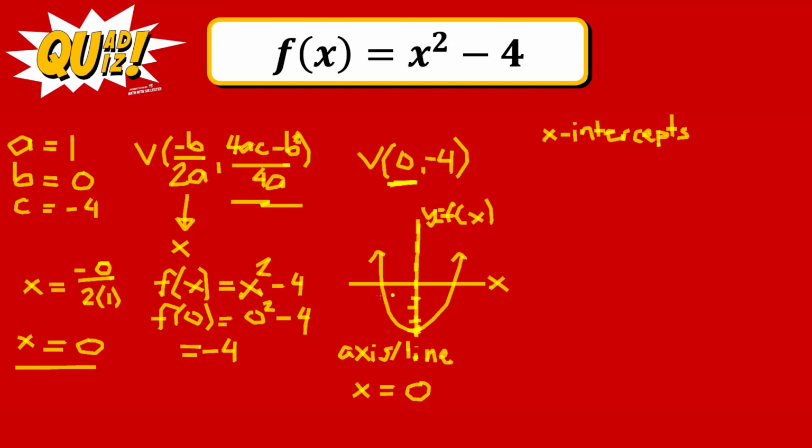Looking at our graph here, we have a specific point in this area and a specific point in this area. Automatically, we could say that there are two of them because there are 2 points in our graph that pass through the x-axis. Of course, again, my graph is not accurate, so we cannot tell the exact value of this one here. But just by the graph itself, we know automatically there are 2 intercepts.